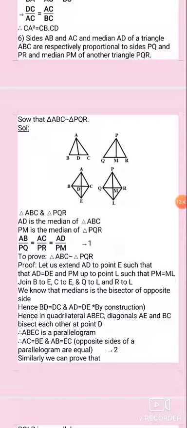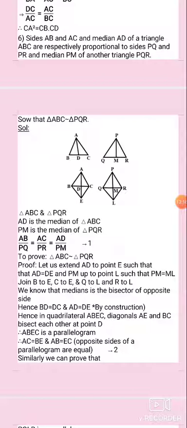Hence BD is equal to DC, and AD is equal to DE by construction. Hence in quadrilateral ABEC, diagonals AE and BC bisect each other at the point D. Therefore, ABEC is a parallelogram.